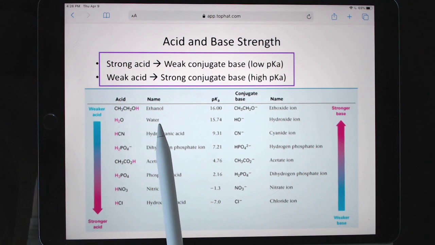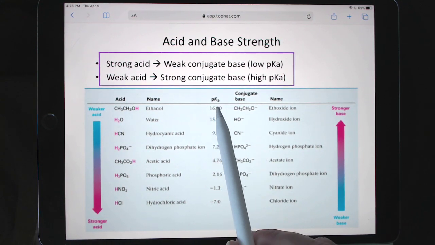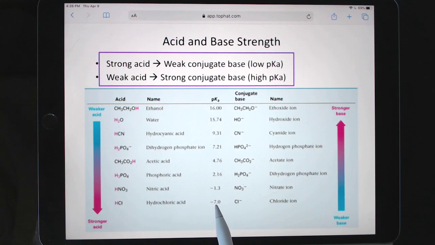Okay, so what you need to know for this, you do not need to know these numbers. You don't need to know the pKa numbers, but what you need to know is the trends. As the number gets smaller, the acid gets stronger. But if you have a strong acid, its corresponding conjugate base is going to be very, very weak.